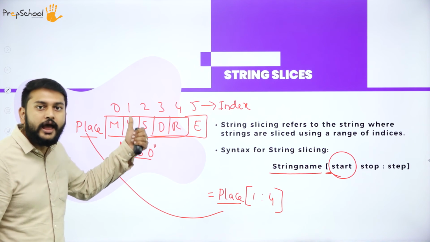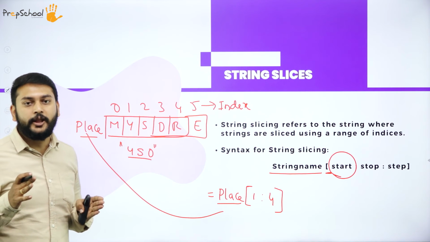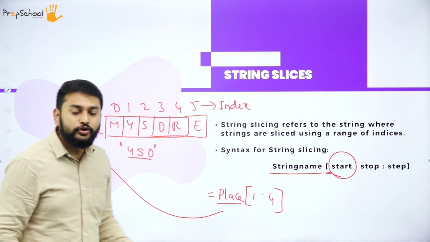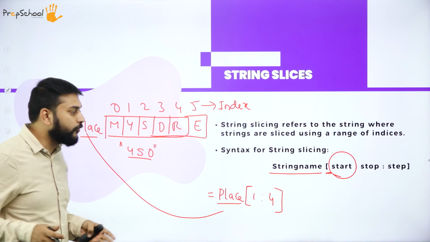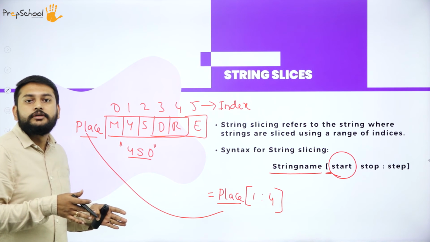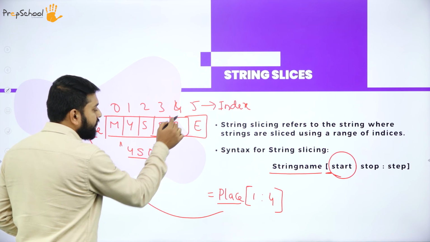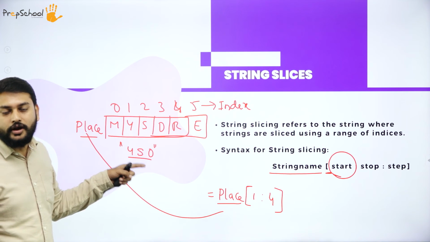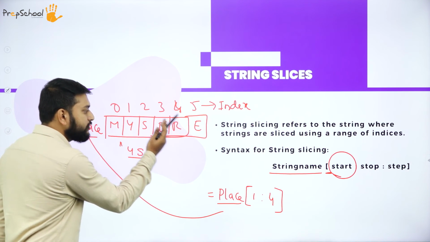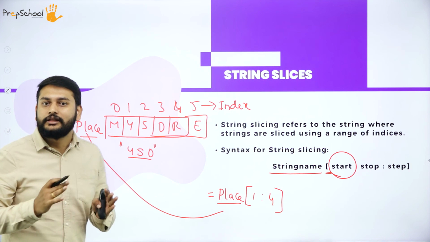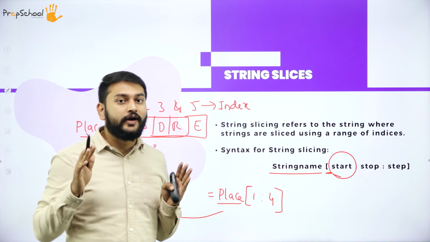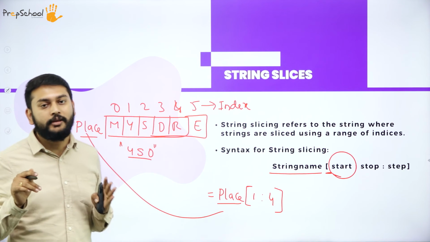So I have given the start value, and I have to mention the stop value, till where I have to slice. I have written 4, but here I have not considered R. My output is not R because it takes the value previous to the stop. That is very, very important.